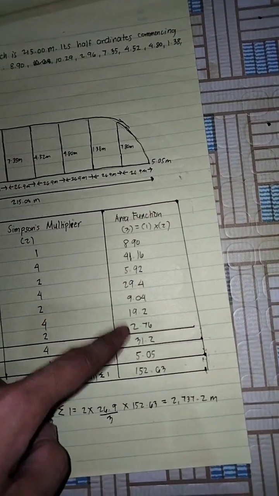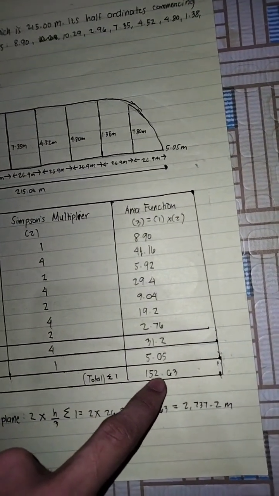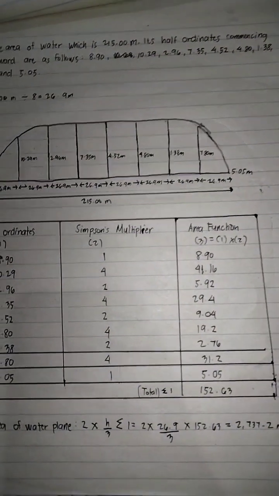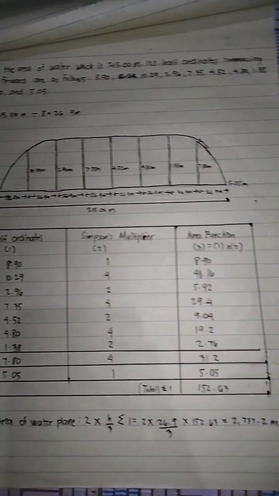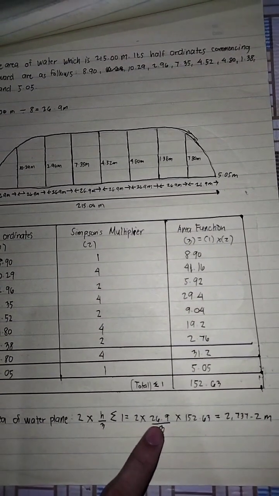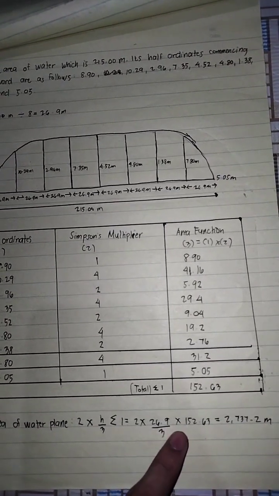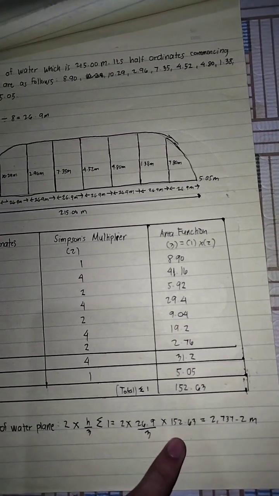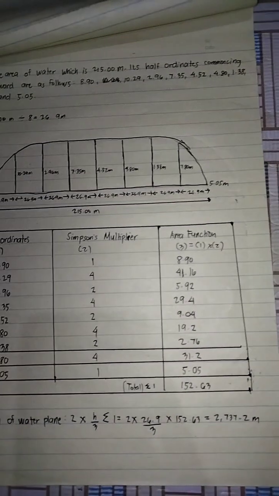The total of the area function is 152.63. So we already have the total area function. Let's move on to the area of the water plane. This is the formula: 2 times 26.9 divided by 3 times 152.63 is equal to 2,737.2 meters.